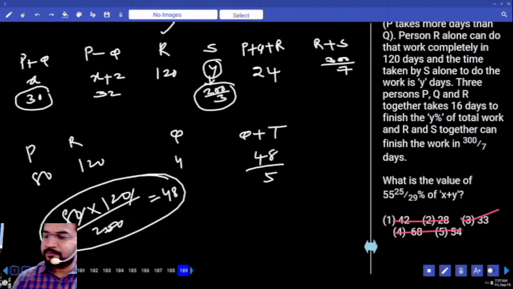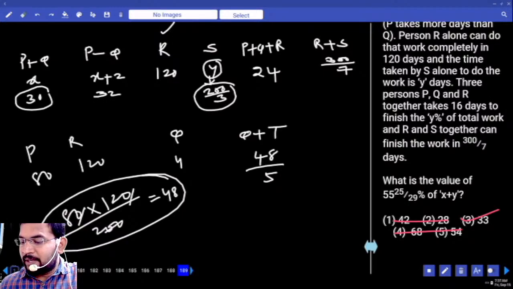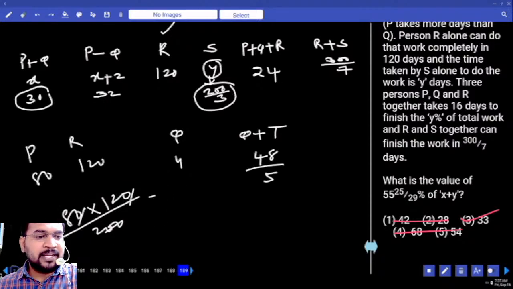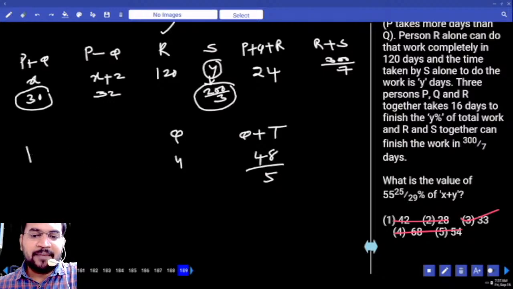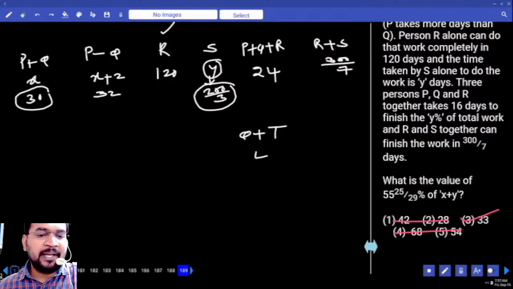Next one. What is the value of 5525 by 29% of x plus y? X is what? 30. Y value is what? 200 by 3.